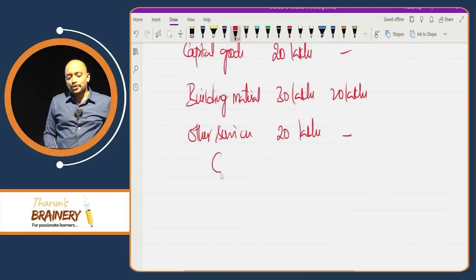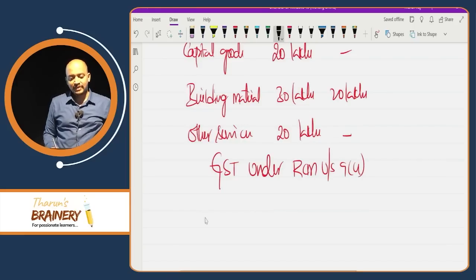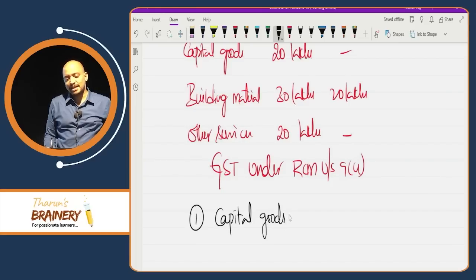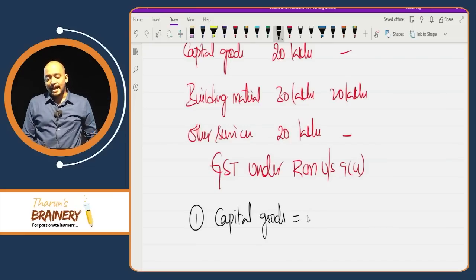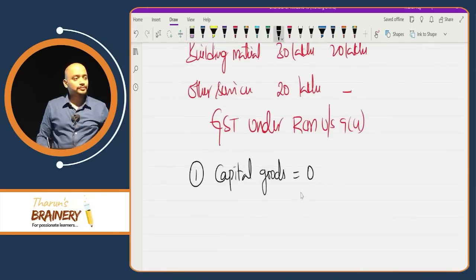So we need to compute GST under RCM under section 9(4). What is the first step? Capital goods. Capital goods, whatever is purchased from registered person, should we pay GST under RCM? No. Any capital goods purchased from unregistered person in the question? No. So therefore first step is 0.